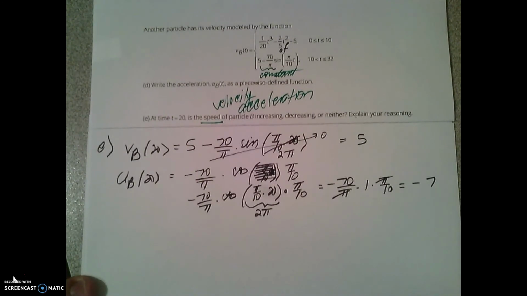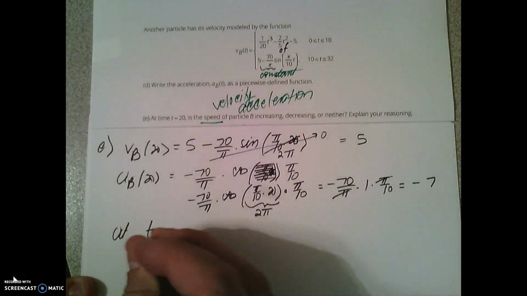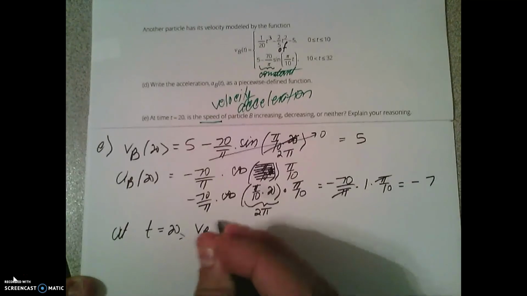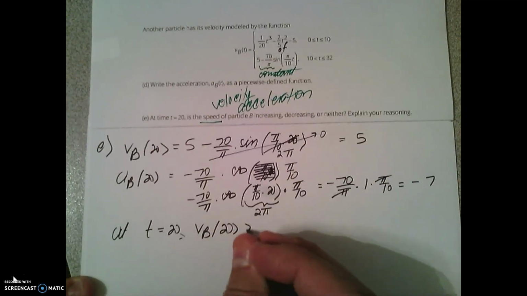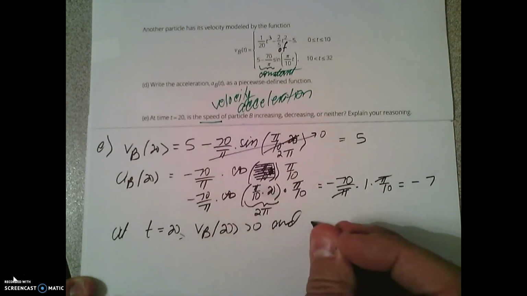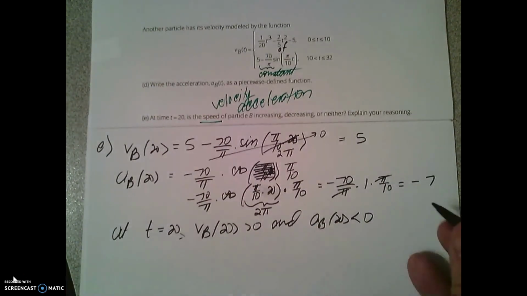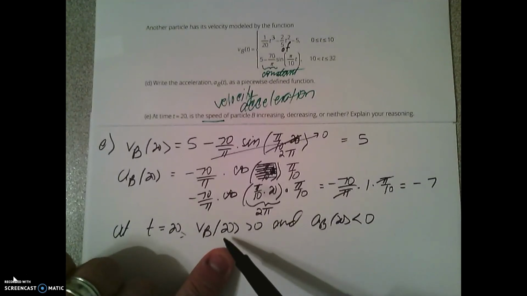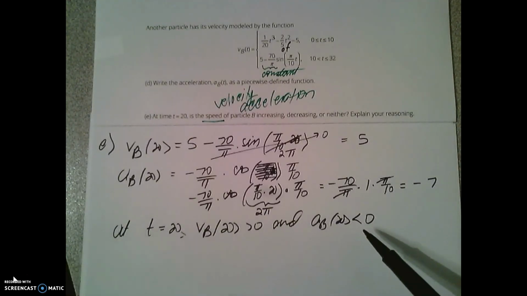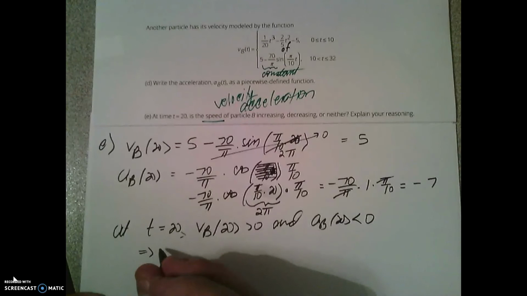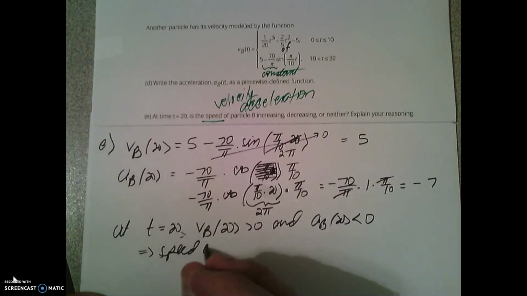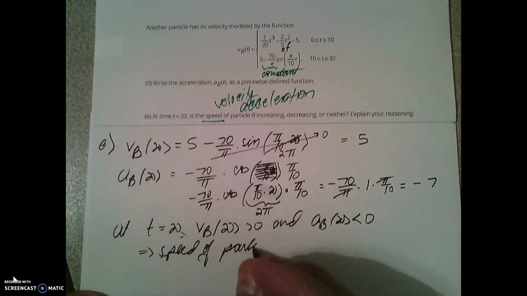Well, what does that mean? At t equals 20, the velocity of the particle is greater than 0, and the acceleration of the particle is less than 0. If your velocity is positive but your acceleration is negative, this means that the speed of particle B is decreasing.